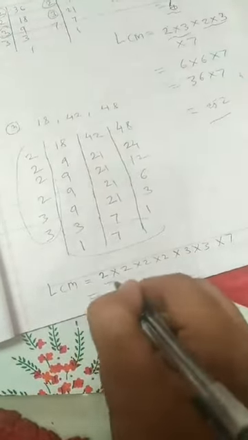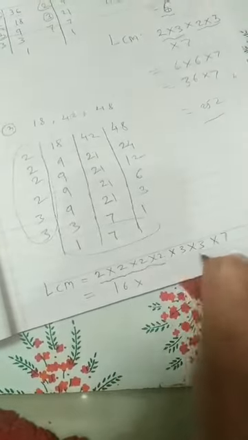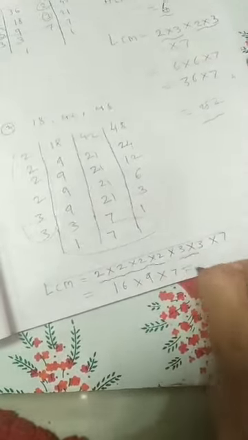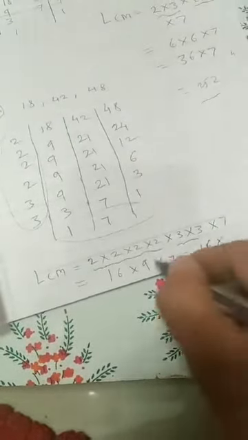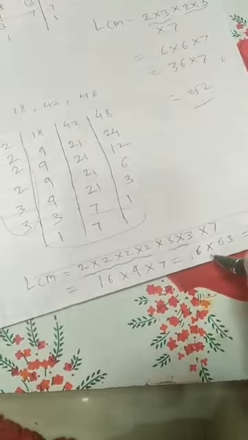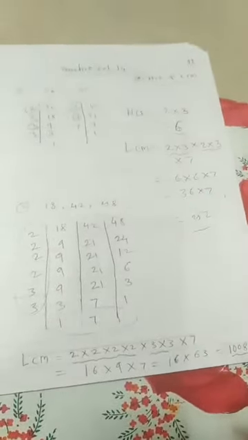Now multiply: 2 into 2 is 4, 2s are 8, 2s are 16, and 3 threes are 9, and here 7. Keep 16 as it is, and 9 sevens are 63. Now do the multiplication 63 into 16, and the answer is 1008. That is how we find the LCM.